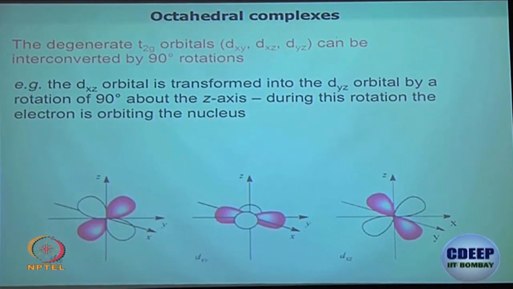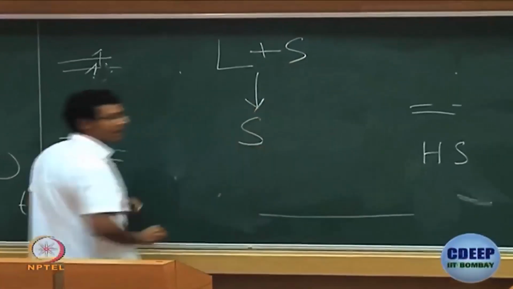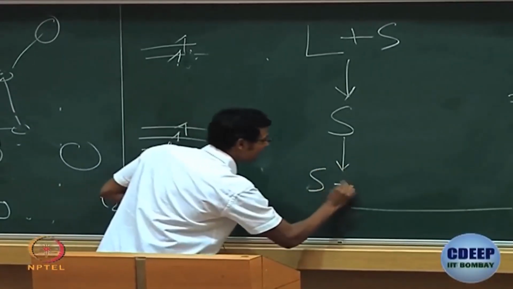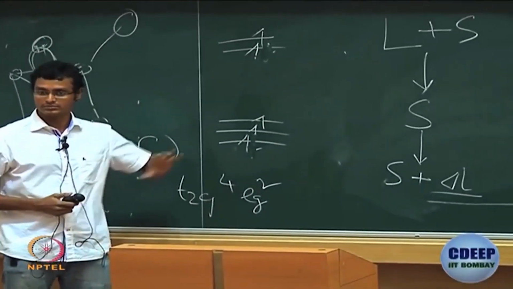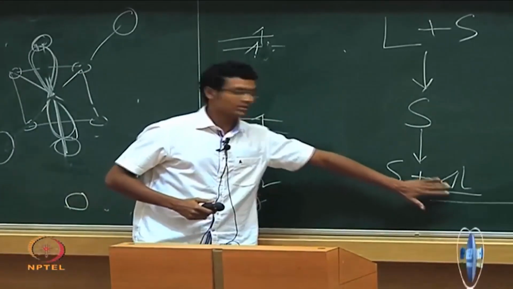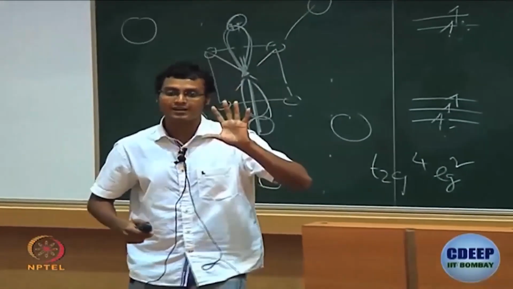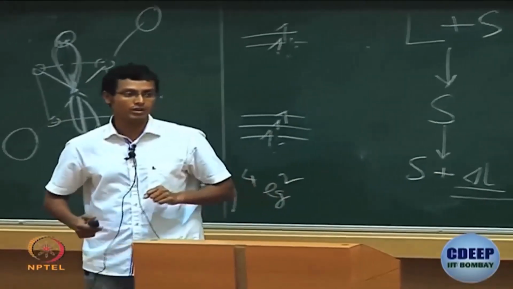I think I have made it a little bit confusing. There is always L plus S contribution, but I am trying to say you just minimize it to S, but in reality it is S plus, let's say, delta L, a very little contribution from L. When this comes, usually your experimental data and theoretically predicted data are the same. In some cases you have to worry about the orbital angular momentum.